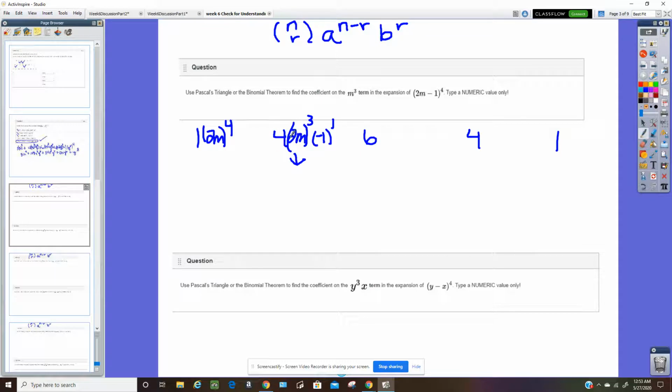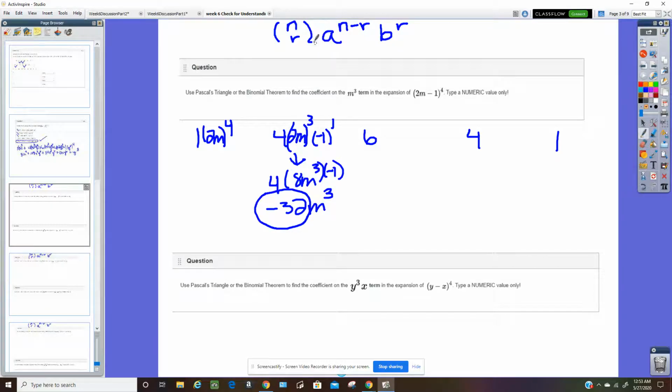So if I multiply this out, I get 4 times 8m cubed times negative 1, which would be negative 32m cubed. So it says write the numeric value only. So find the coefficient. This would be negative 32.